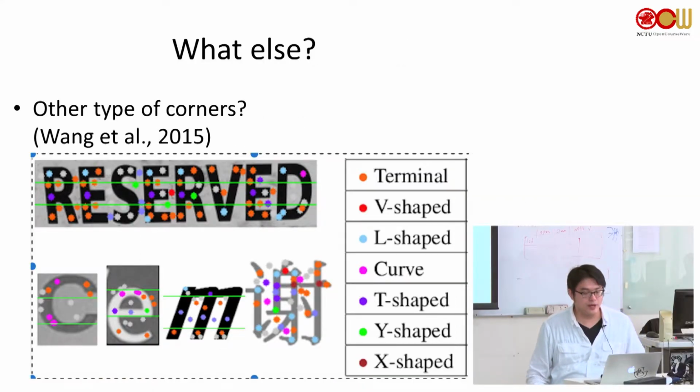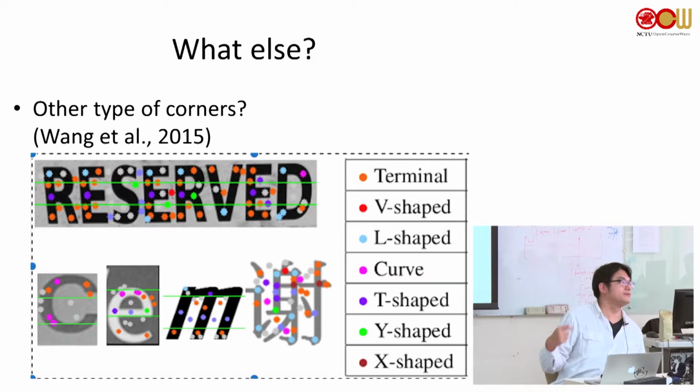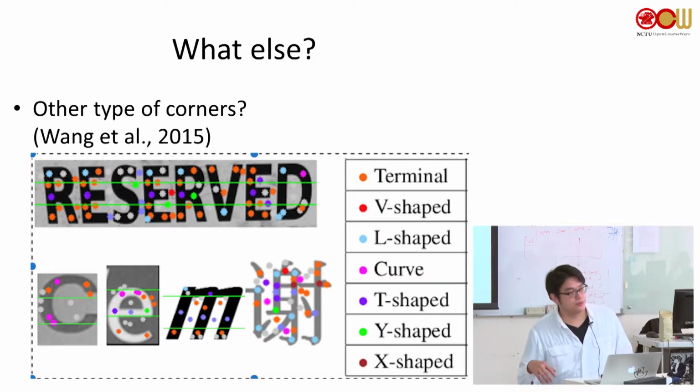Suppose we want to find different shapes like T or Y or X. What kind of principle could we apply, like the FAST detector, in order to find a V shape or L shape or Y or X? For an X shape or T shape, we just did an encoding, right? For example, 0, 0, ones and 0.